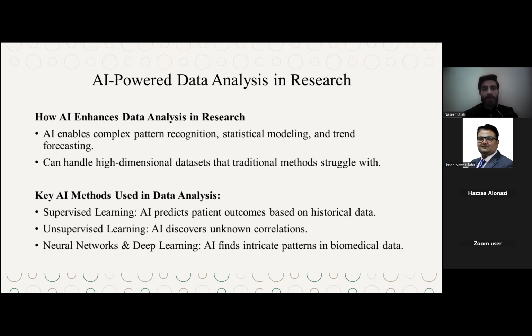Now, AI-powered data analysis in research. How artificial intelligence enhances data analysis in research: artificial intelligence enables complex pattern recognition, statistical modeling, and trend forecasting. It can handle high-dimensional data sets that traditional methods struggle with.